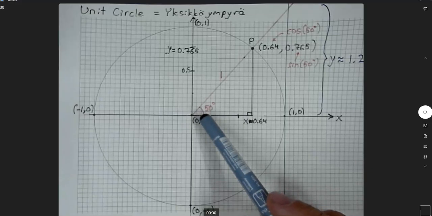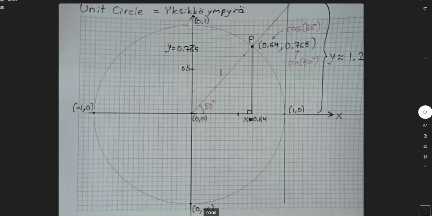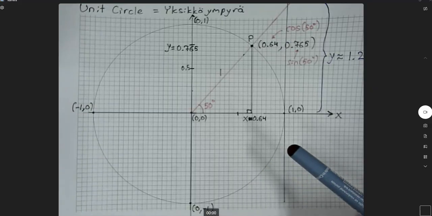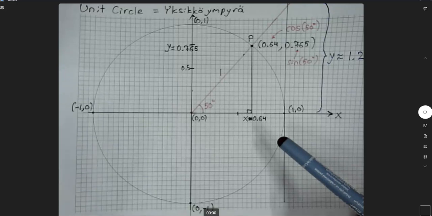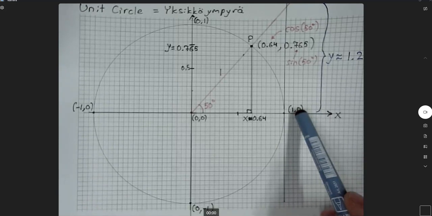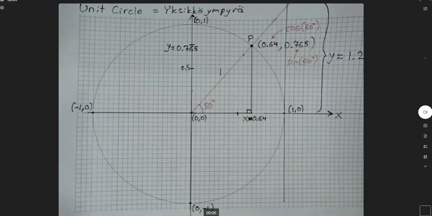That means it is impossible to get sine or cosine values which are more than 1 or less than -1, because that point would be somewhere outside of that circle.